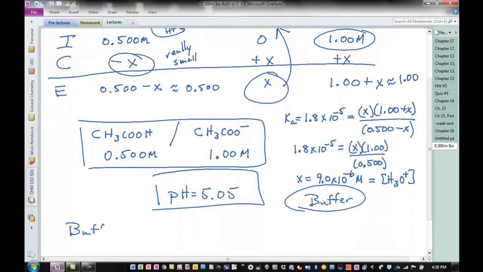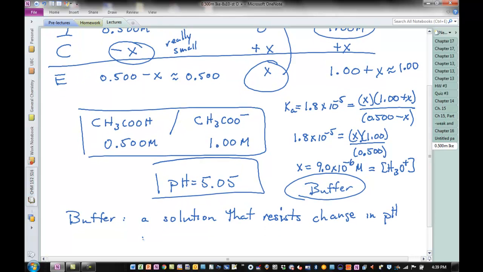A buffer is going to be a solution that resists change in pH, and that's resist, I apologize, in pH when a small amount of acid or base is added.